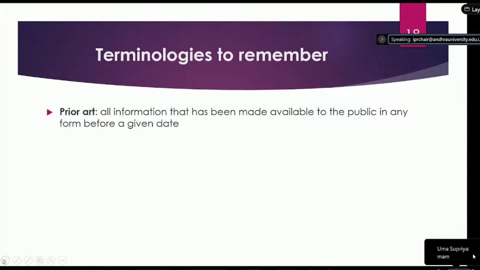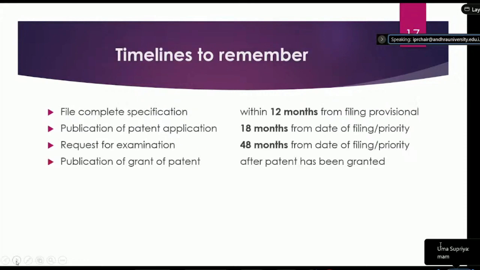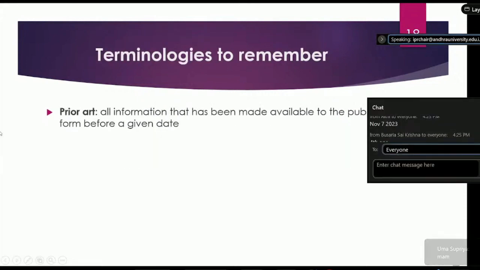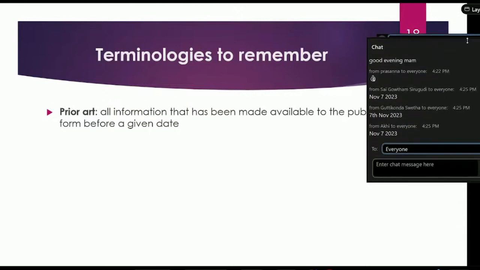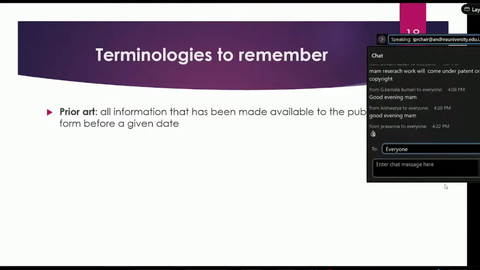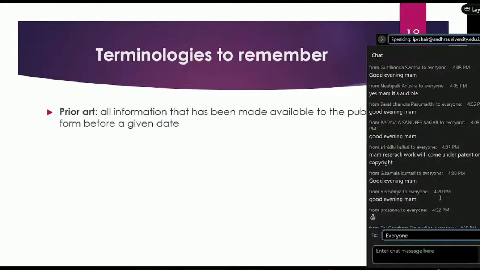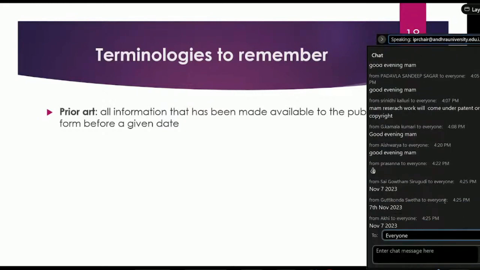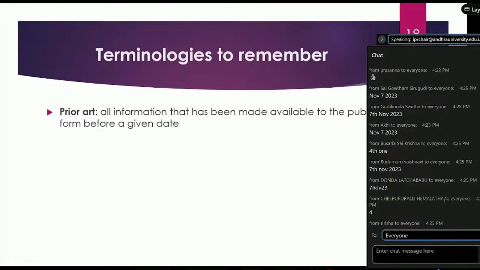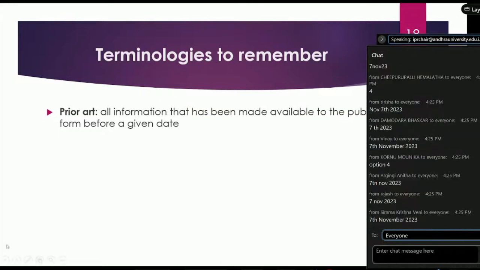So these were the timelines to remember. These are the terminologies to remember in the Patent Act. Prior art means all information that has been made available to the public in any form before a given date. So before your priority date, whatever is there in the public domain related to your technical field will be called prior art.